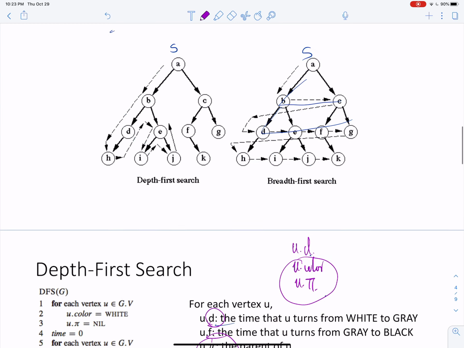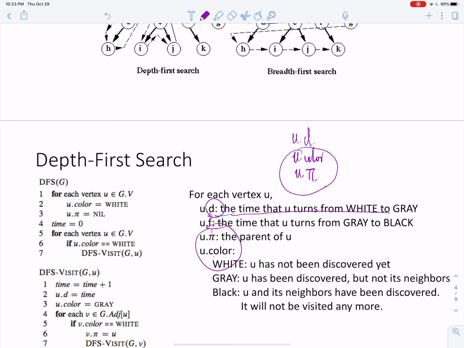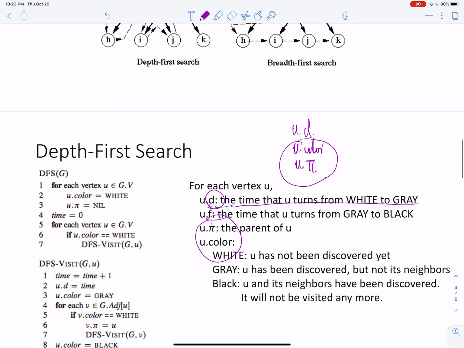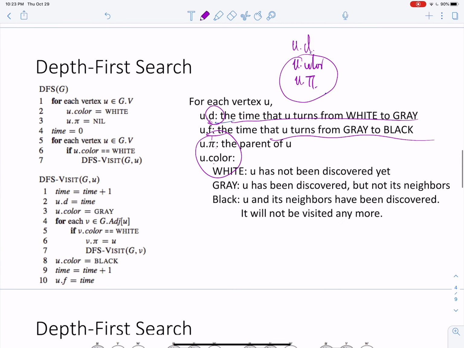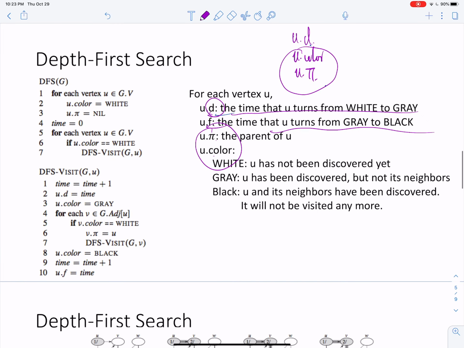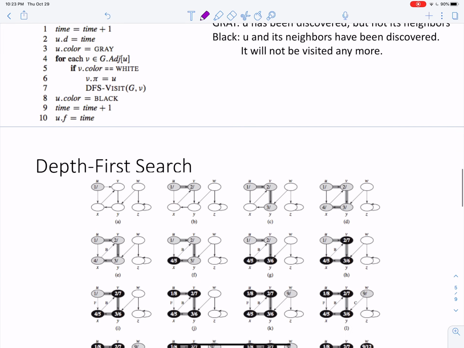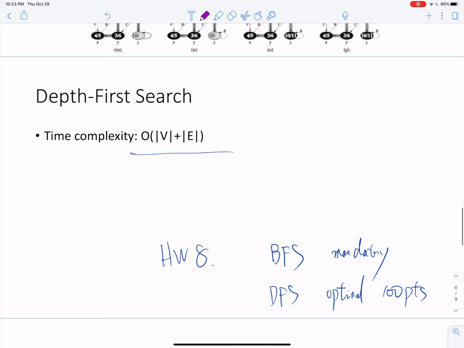So that's why I say that d means the discovery time, when you discover this node for the first time, and f means the finishing time, or farewell time, when you are going to say farewell to that place. This is what we mean. And also the time complexity of DFS is also V plus E, which is the same as BFS.